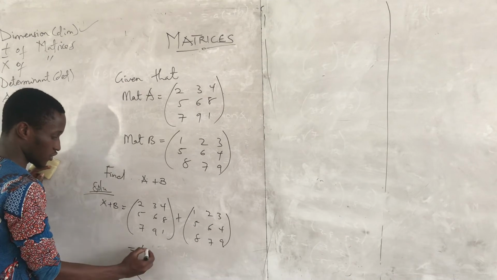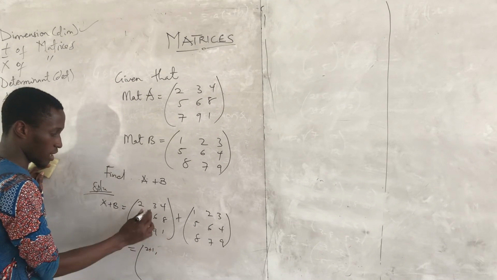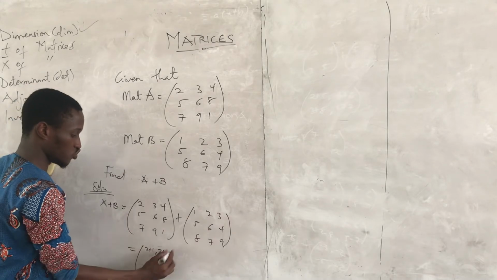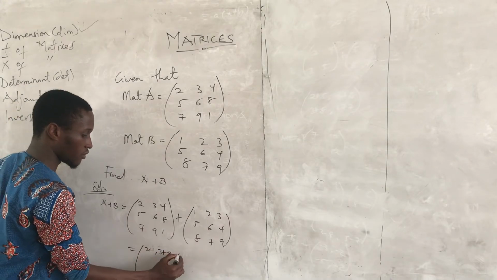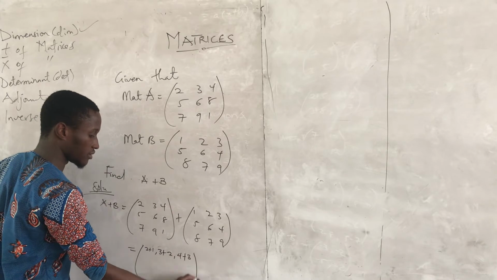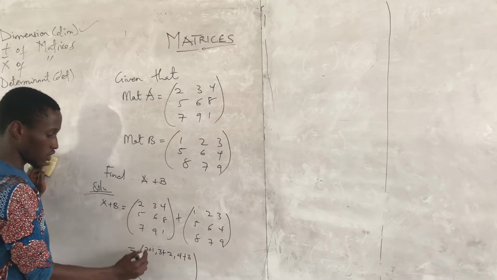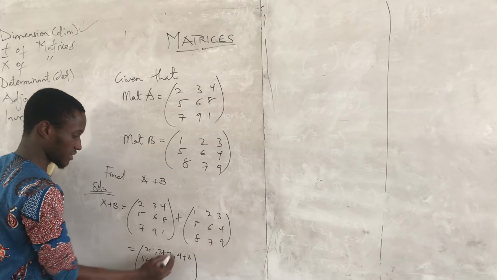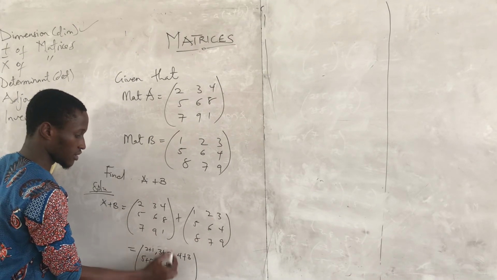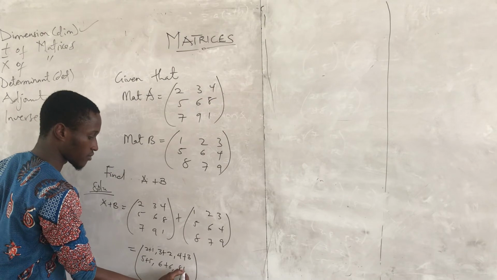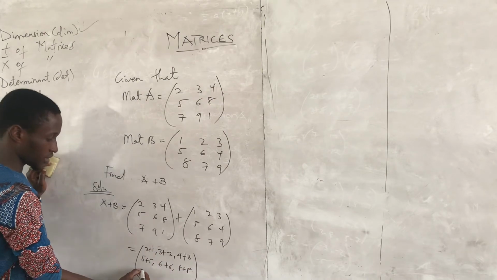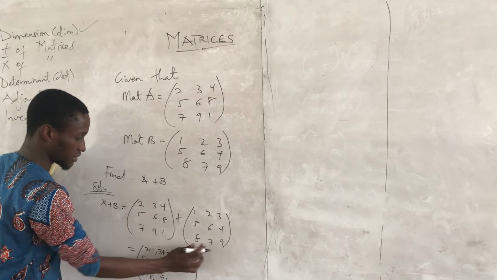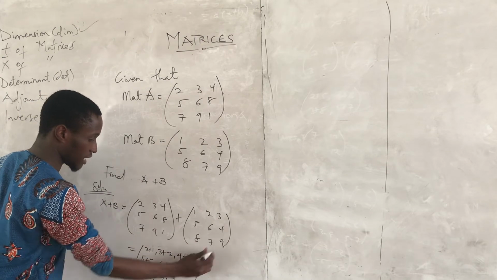So I'll have 2 plus 1, comma, then 3 plus 2, comma, then 4 plus 3. And I'll come to the second row, 5 plus 5, comma, 6 plus 6, then 8 plus 4. Then the last row will be 7 plus 8, 9 plus 7, and 1 plus 9.